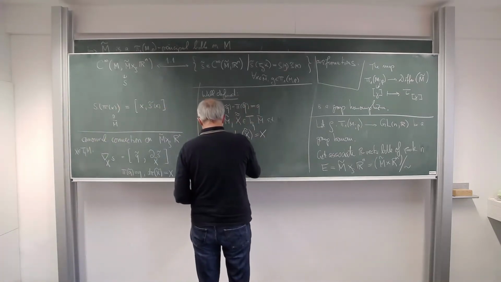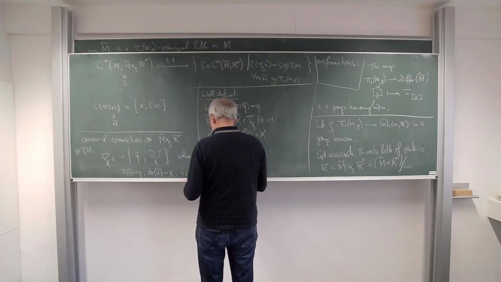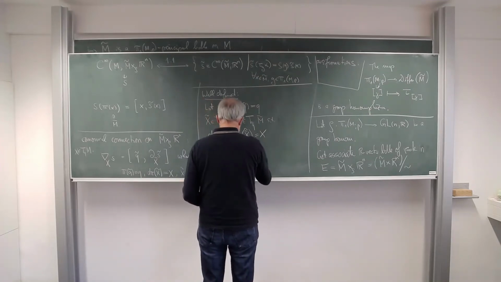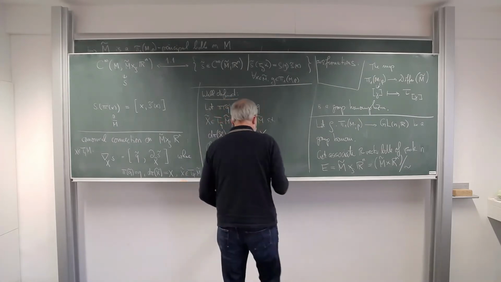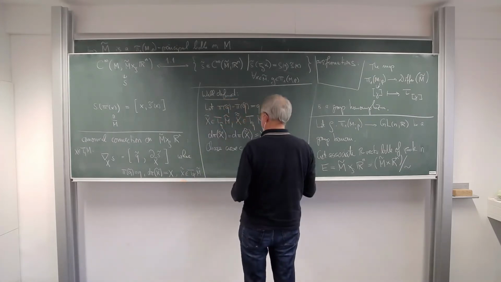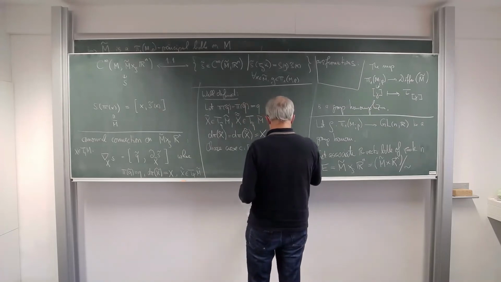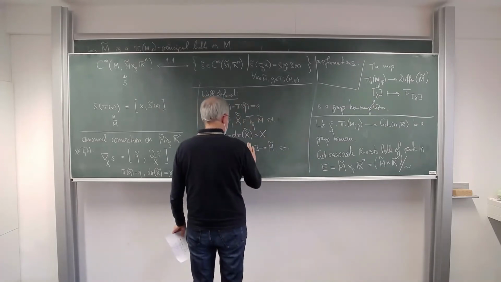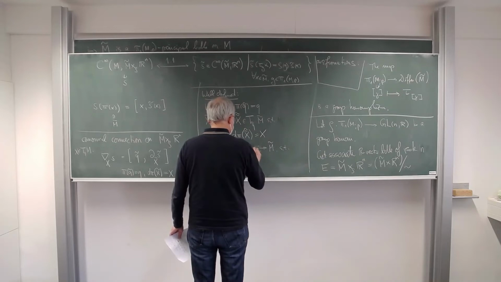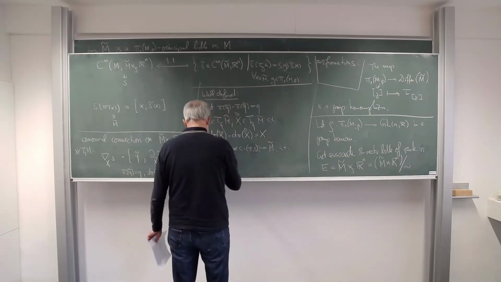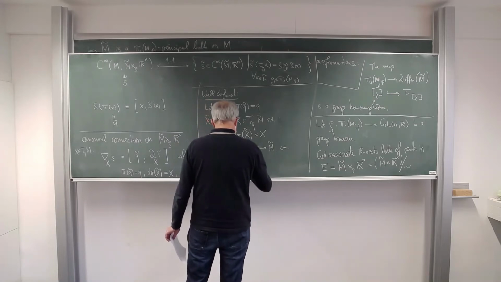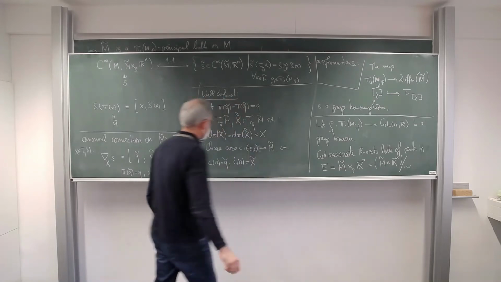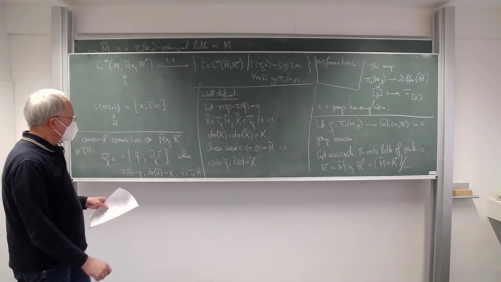So choose a curve C from, let's say, the interval minus epsilon to epsilon to m tilde representing x tilde, such that C of 0 is q tilde and C dot of 0 is x tilde.